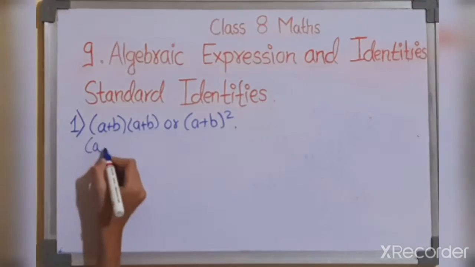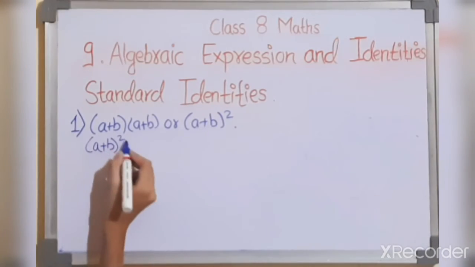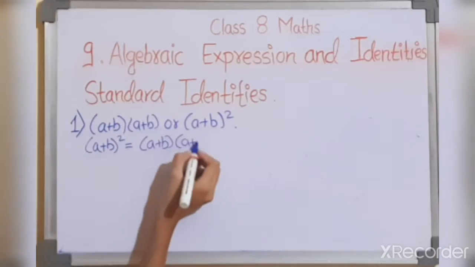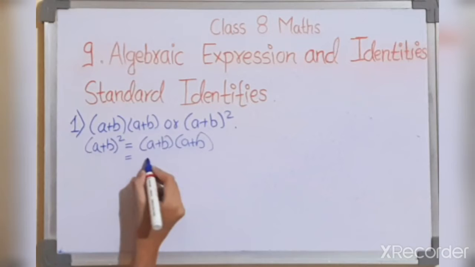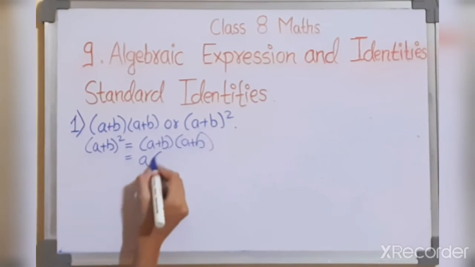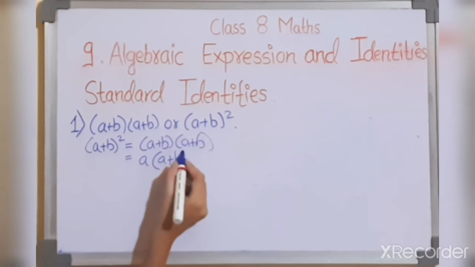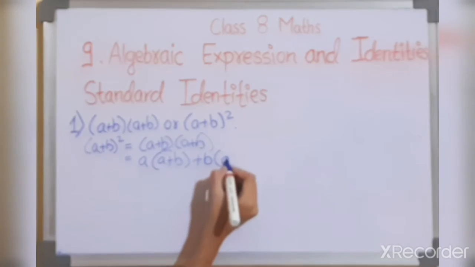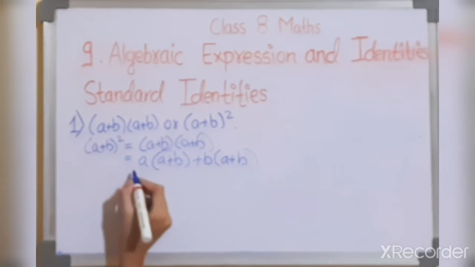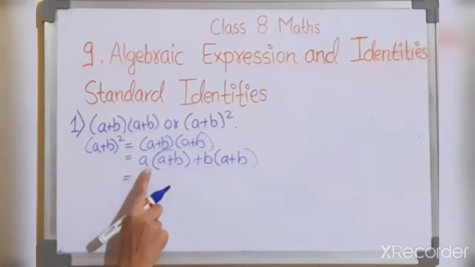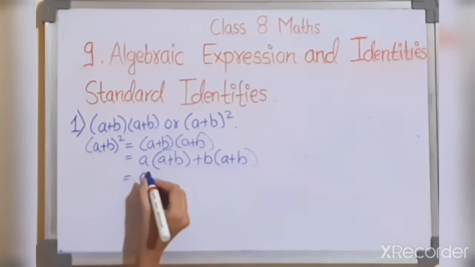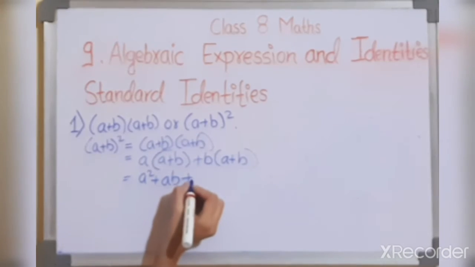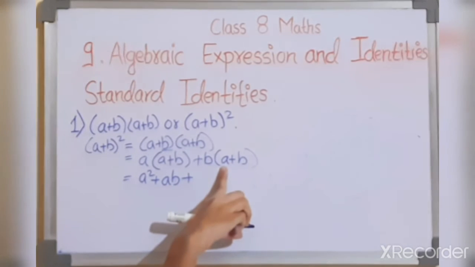So (a + b)² is equal to what? (a + b)(a + b), which is equal to a into (a + b) plus b into (a + b). Now this is equal to a into a is a², plus a into b is ab, plus b into a is ba.